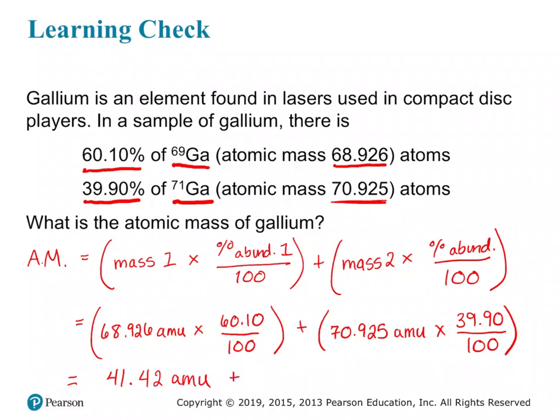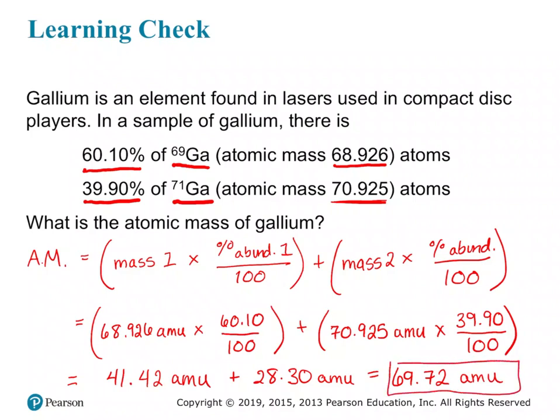And then for the second part of our calculation, 39.9 divided by 100 times 70.925, I get 28.30. All right, so now let's add those two values together, and we get 69.72 AMU. So that is our atomic mass of gallium.